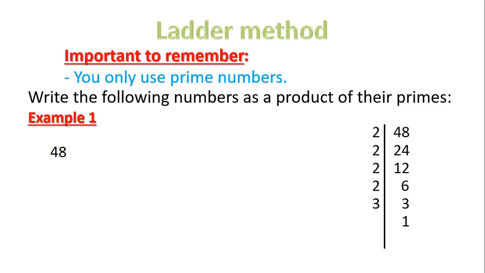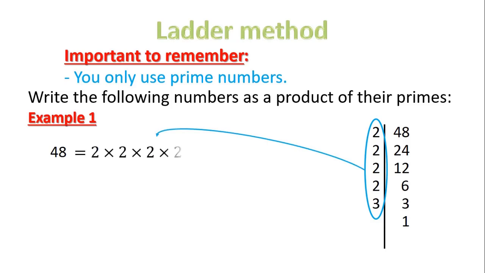Now we're ready to write out our number 48 in its primes. Let's have a look. 48 equals. Now what we do is we take all the things we've been dividing by, all the 2's and the 3's, and we move them over here and we multiply each of them together.